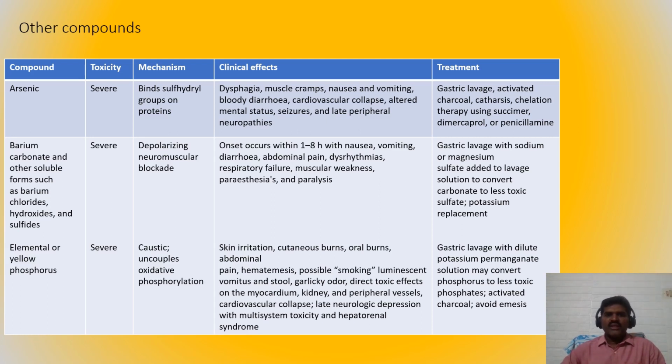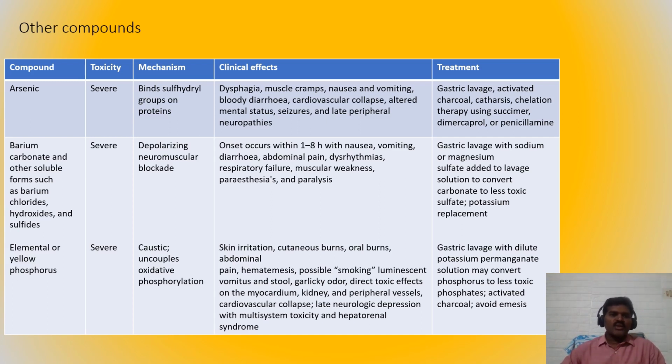Onset is within 1 to 8 hours. Nausea, vomiting, diarrhea, abdominal pain, dysrhythmias, respiratory failure, muscular weakness, paresthesia, and paralysis. Gastric lavage with sodium or magnesium sulfate added to the lavage solution to convert barium to less toxic sulfate, and potassium replacement is the treatment of choice.